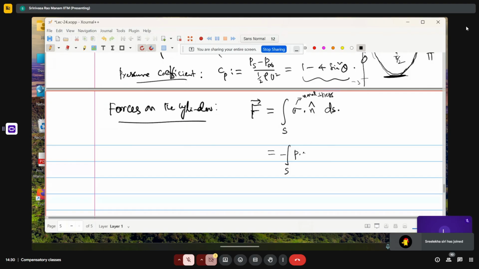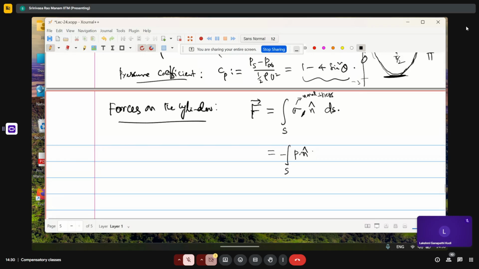It is simply p n cap. Yes, this is the dot product. Both are perpendicular to the surface. That is why we simply get p n cap.